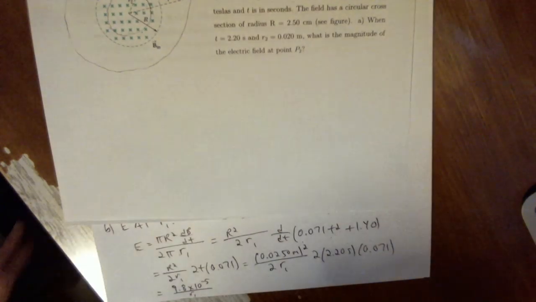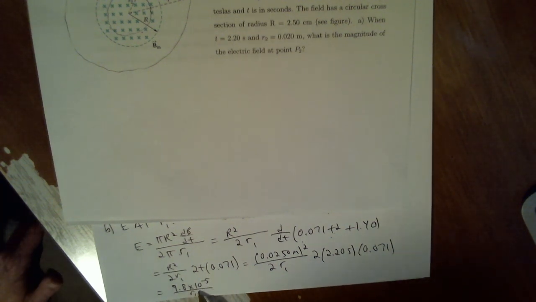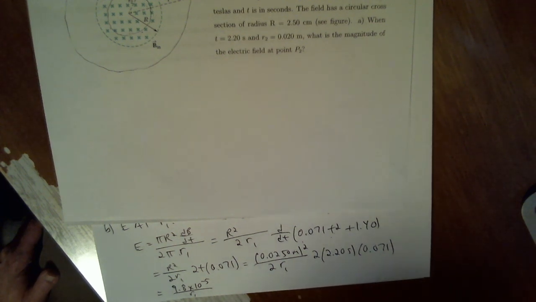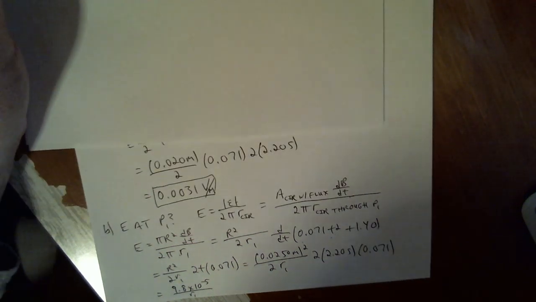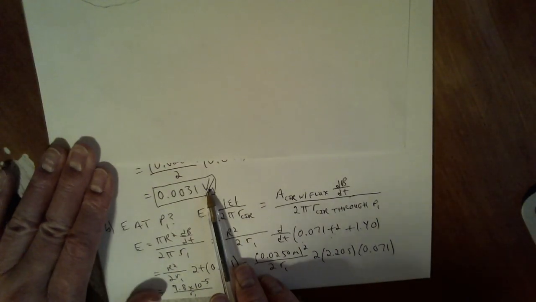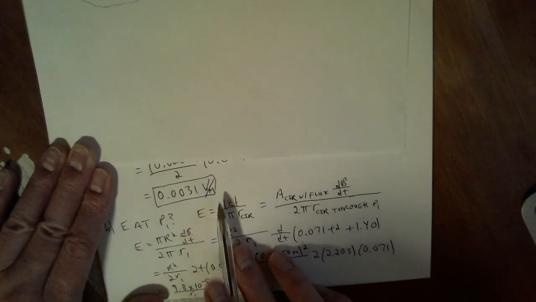So you get 9.8 times 10 to the negative 5 divided by R1 units. And it's an E field. Maybe pause and ask yourself what the units of this are before I reveal them. All right, so the units of an E field are volts per meter or newtons per coulomb. Either way, I'll go with volts per meter.